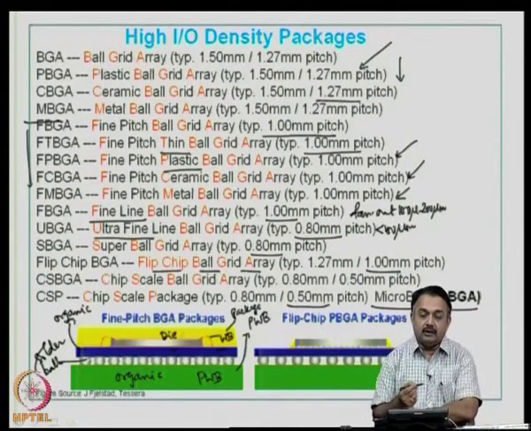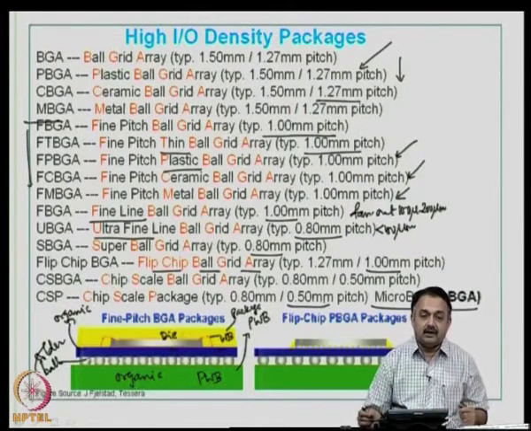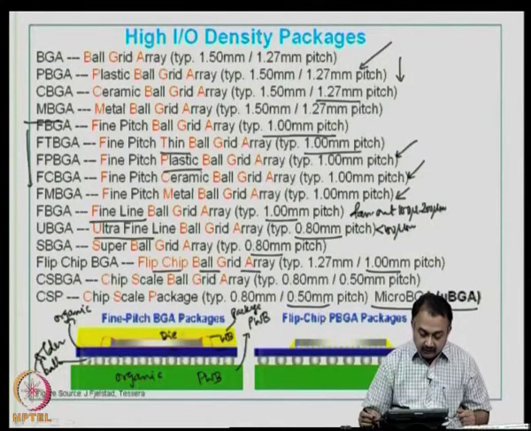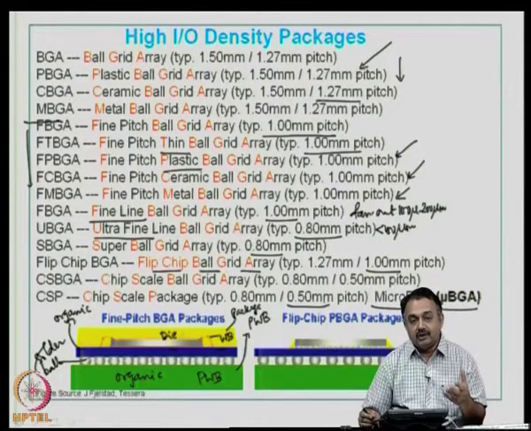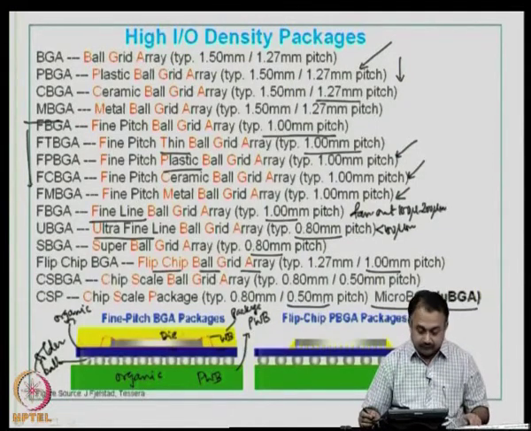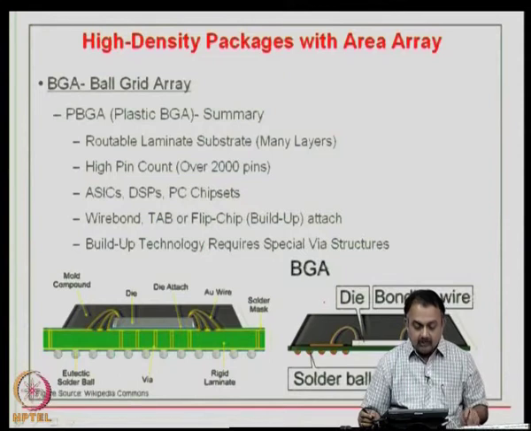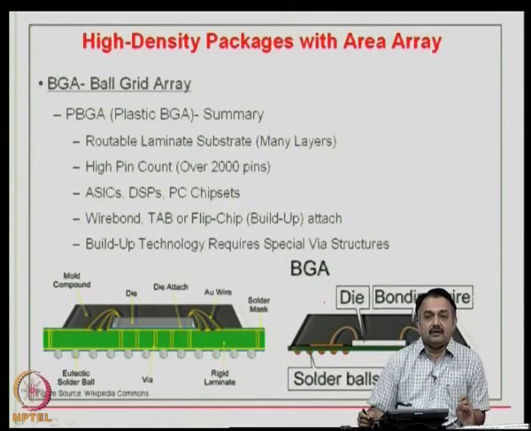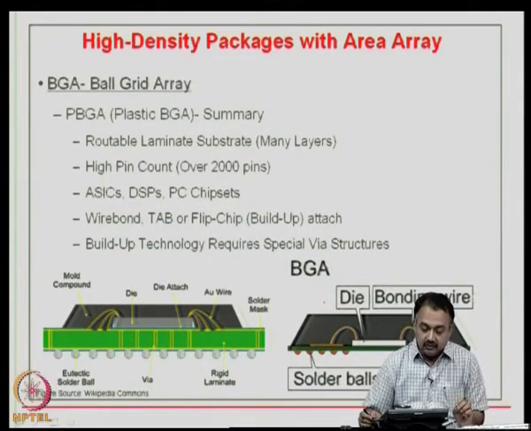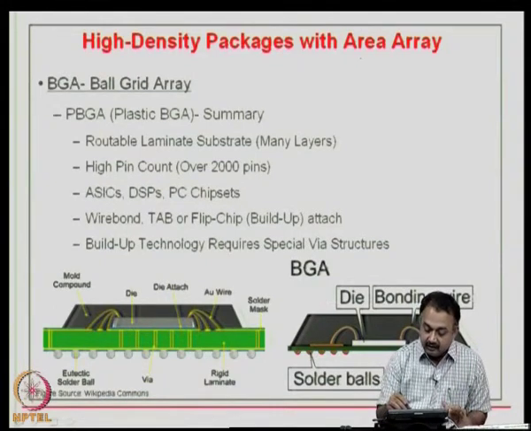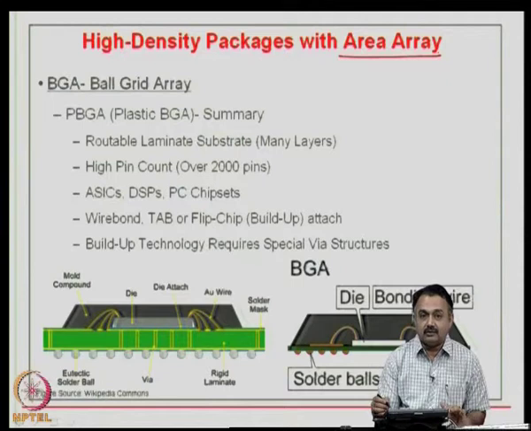So, for a package to be classified as a CSP, the pitch has to be 0.5 mm, and we will see later what exactly a CSP means in terms of package area to die area. So, these are high density packages with area array. Compared to the DIP package, BGA is an area array package, and a CSP is also an area array package.